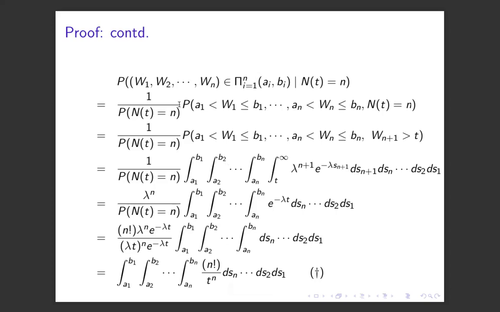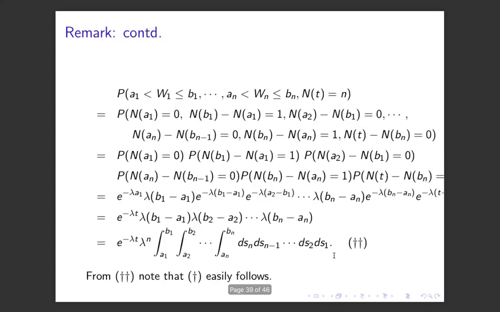So what you will have here is 1 divided by the probability N(t) equal to n times this thing. Once you get the double dagger, the single dagger follows easily. So that is another way of giving the proof of this result.